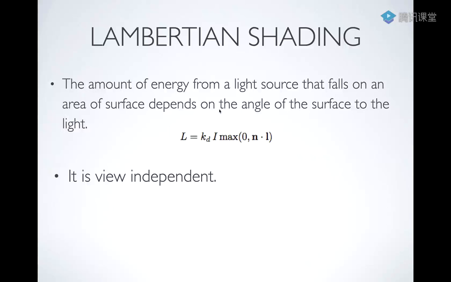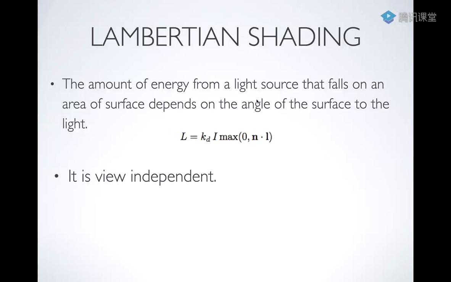So if you find the light source in your room, maybe it's a lamp or maybe there's a window, and look at your clothes and see the part which is brighter, you will see it might be facing towards the light.